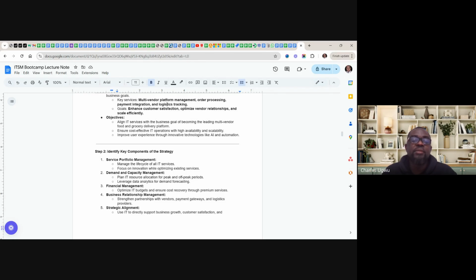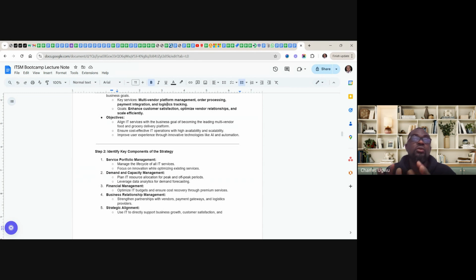Financial management: optimize IT budget and ensure cost recovery through premium services. Everything we do, we make sure that we have value for money, not just the services.